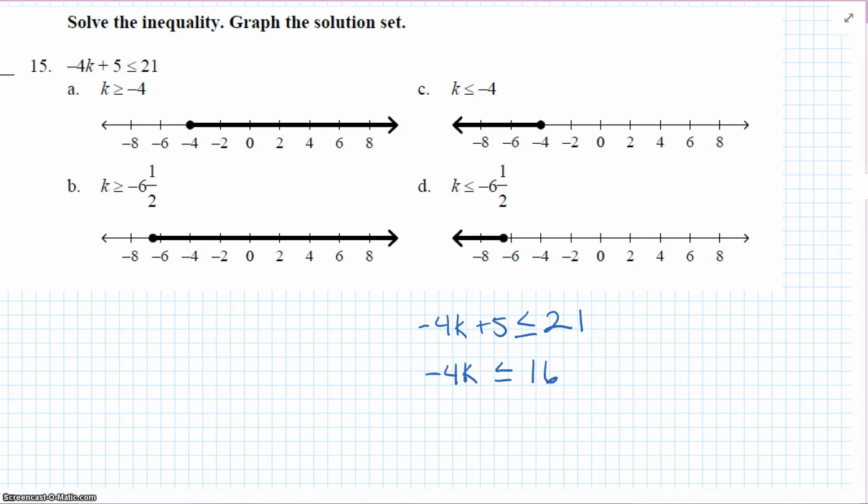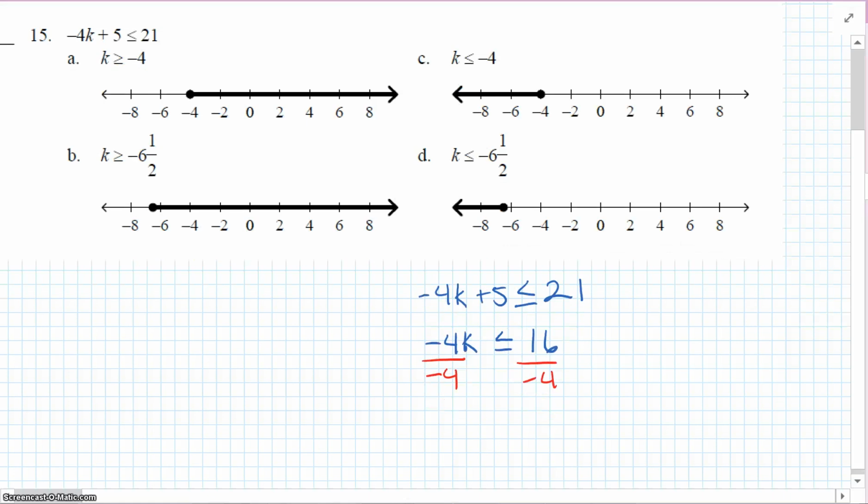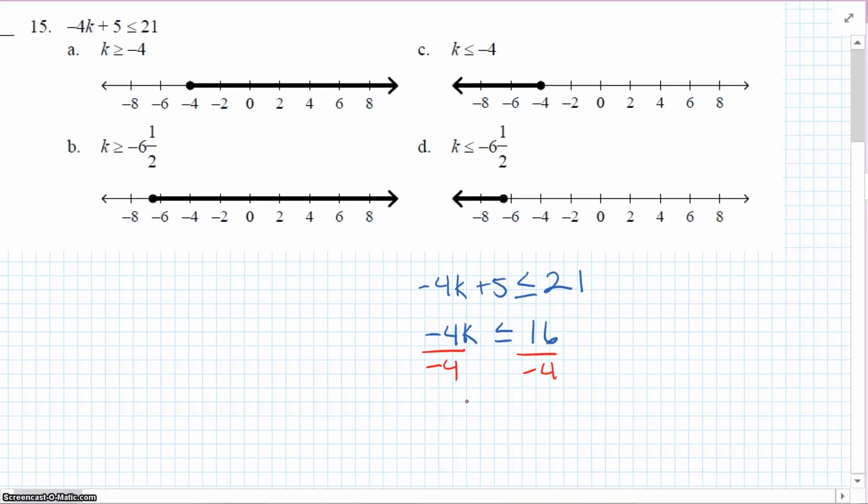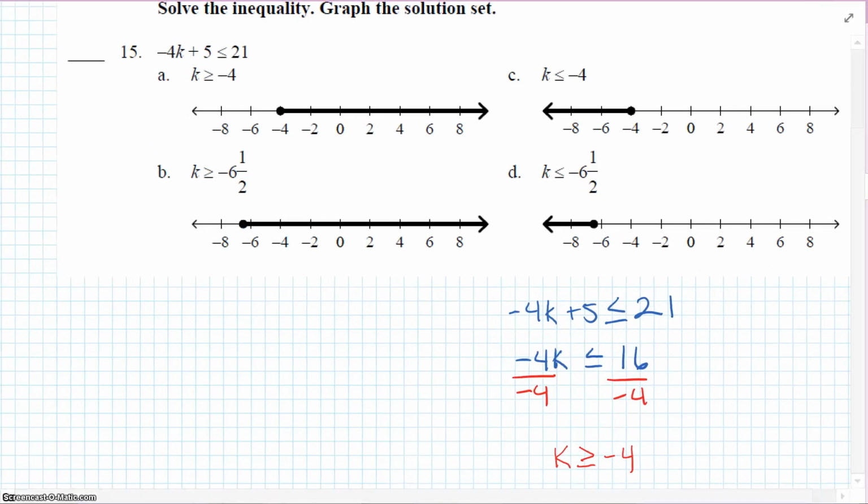Divide each side by negative 4. I'm going to do it in red because remember, when we divide by a negative number, what must happen to our inequalities? They've got to flip. So k is going to be greater than or equal to negative 4. So which one shows k is greater than or equal to negative 4? The answer is A.